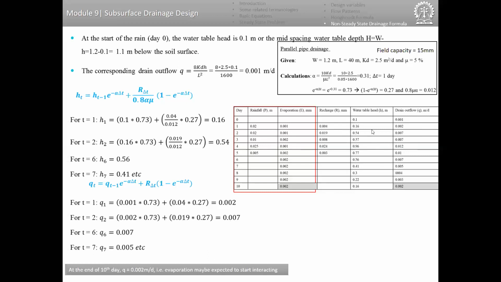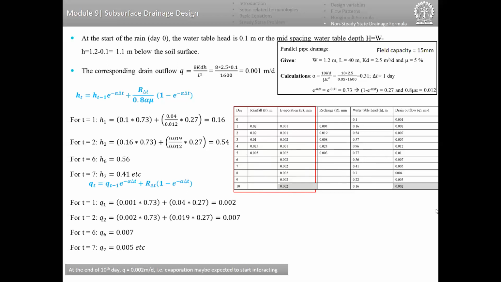Likewise, we can calculate all the values and solve using this formula. If you keep solving, you can see that at the 10th day, your Q is equal to 0.02. Rain has stopped after the 5th day.